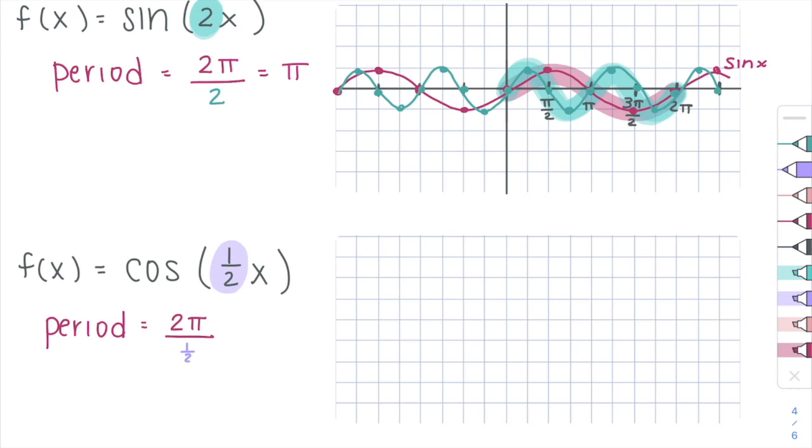So divide by 1/2, which really means that I have 2 pi times 2 over 1, because I kept the top one, changed it, and flipped it, which says my period will now be 4 pi. So this means that I can get all the way to 4 pi, or I'm only going to have half of my graph in the time that I had my entire period last time.